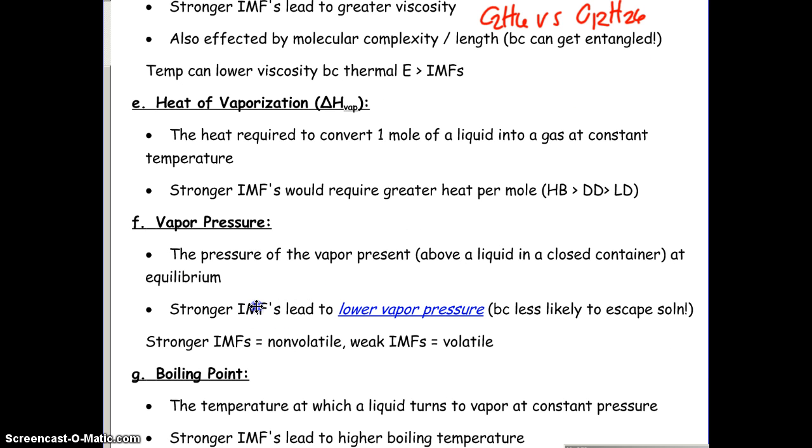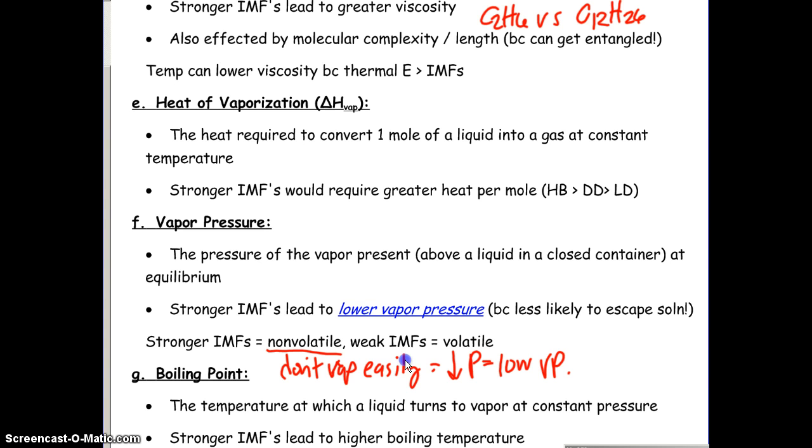Vapor pressure, I briefly talked about this. I'm going to start at the bottom right here. If you have a strong IMF, that means that you are non-volatile. You don't vaporize easily. If you don't vaporize easily, then you don't have any pressure. So if you're not creating pressure, then you have a low vapor pressure.